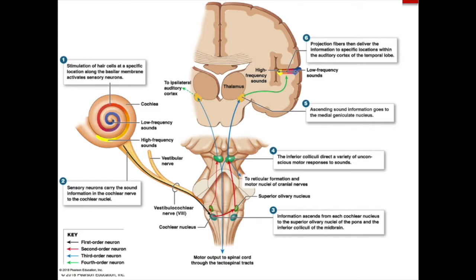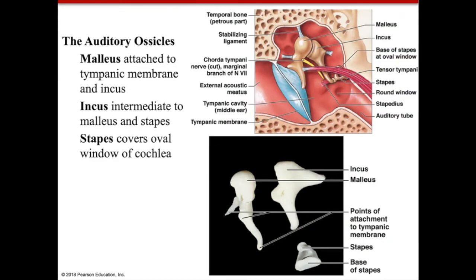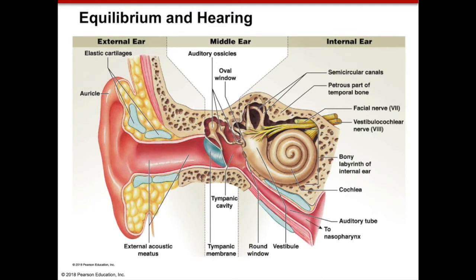So when you put all these pieces together, and as a way of also memorizing, you can go over the different pathways. So you start even in this picture, a very good picture. Try to understand how the auricle amplifies and funnels the sound waves onto the tympanic membrane.